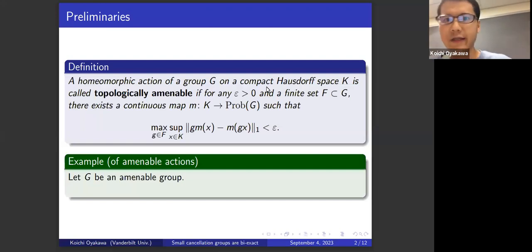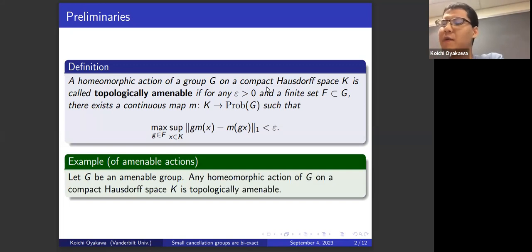So now an example of a topologically amenable action is any action of an amenable group on a compact Hausdorff space.